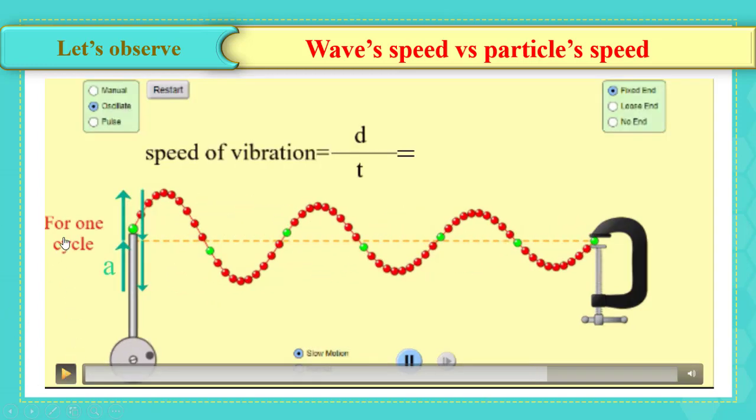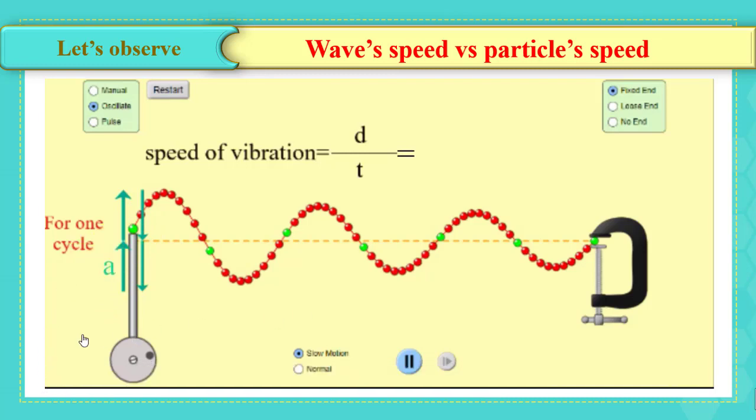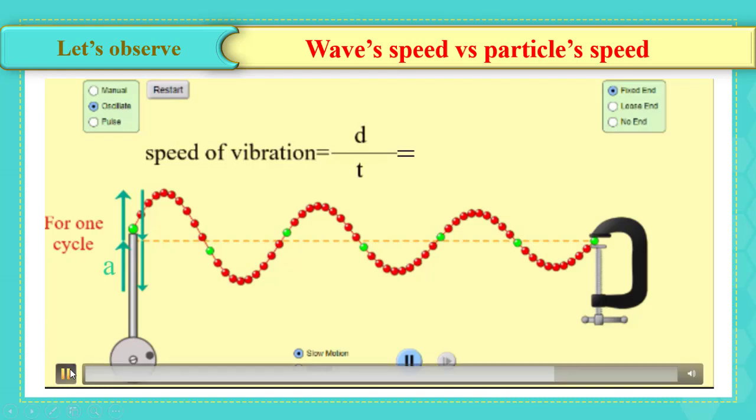If we focus on one cycle, we can notice that each particle covers 4 amplitudes during one period: from its rest position up to a crest, back to its rest position, down to a trough, and back to its original position. Then instead of the distance we can write, the speed of vibration is equal to 4 amplitudes divided by a period of time.